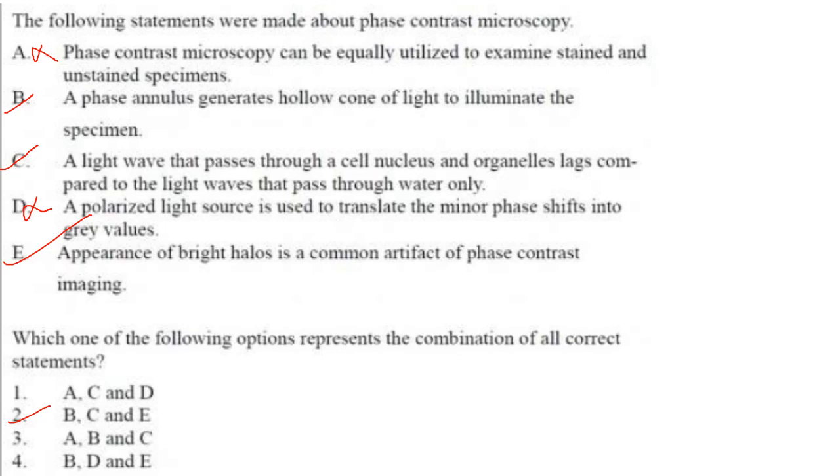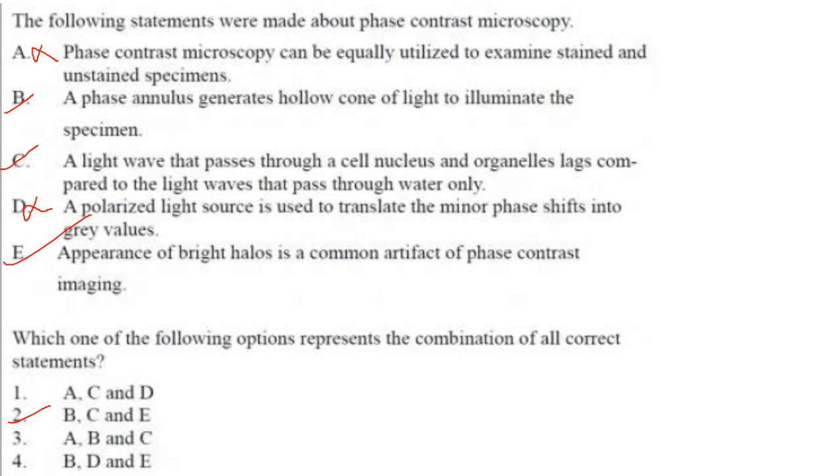A phase annulus generates a hollow cone of light to illuminate the specimen. That is correct. A light wave that passes through the cell nucleus and organelles lags compared to the light wave that passes through water only. That is also correct.